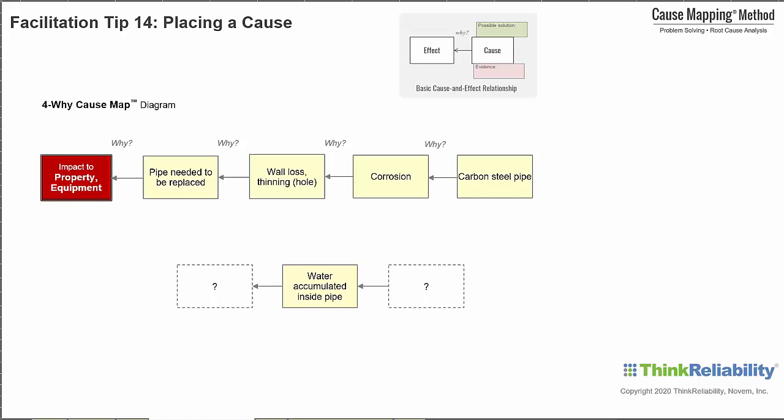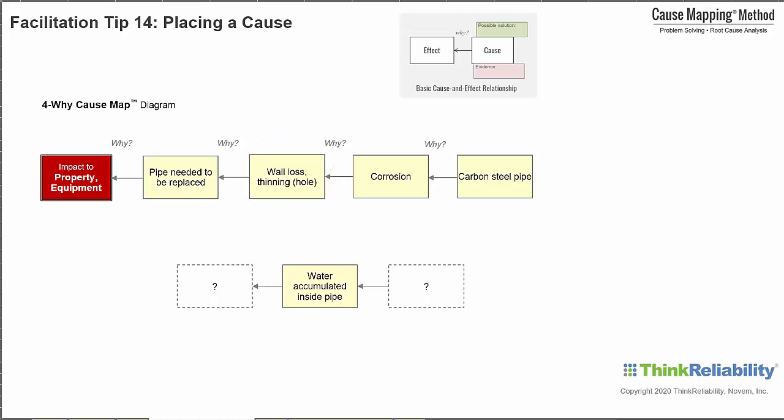Not knowing where it goes, I'm going to start on the left and ask, what did this cause? So water accumulating in the pipe, did that cause the pipe needing to be replaced? Yes, but it's not very clear, so I'm going to continue to go to the right. Did water accumulating inside the pipe cause wall loss? While it did, still not very obvious, so I'm going to continue to the right.